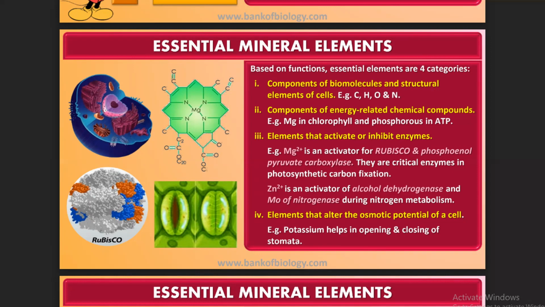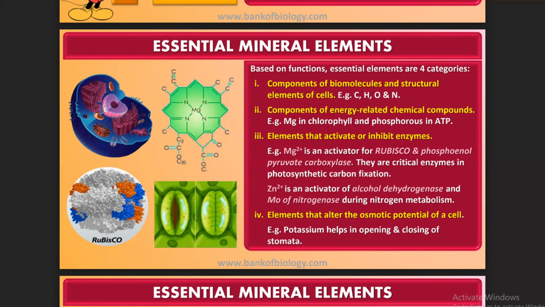Rubisco is used for carbon fixation. They have to fix the carbon dioxide in the molecules and convert it into carbohydrate. Okay. Then zinc is an activator of alcohol dehydrogenase and molybdenum for nitrogenase during nitrogen metabolism.